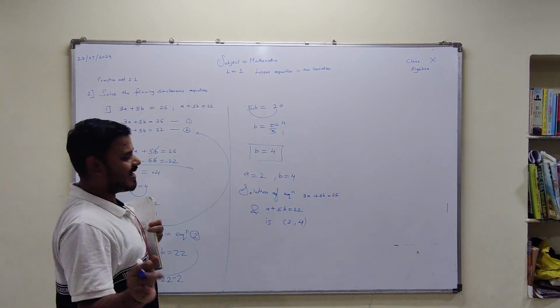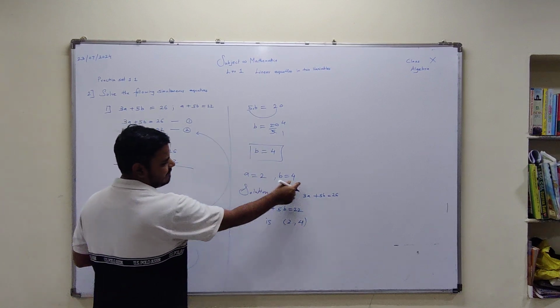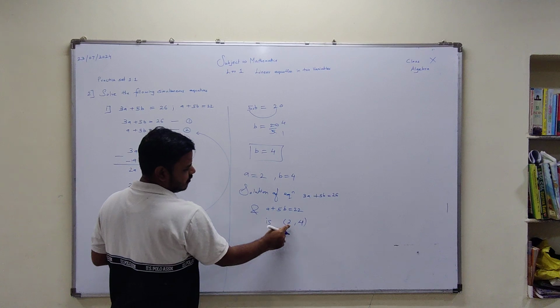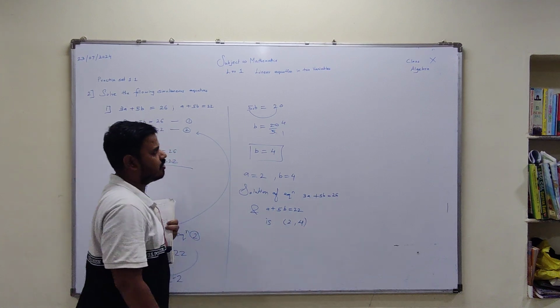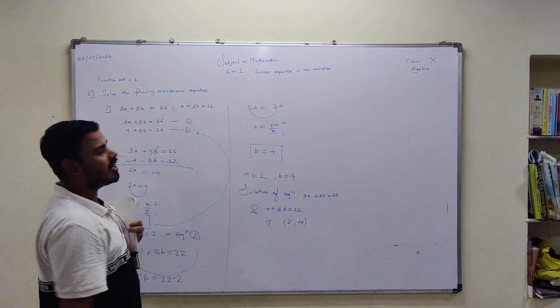Remember, first we write the value of x and then y, first a and then b. So first 2 and then 4. So this was example number 1.